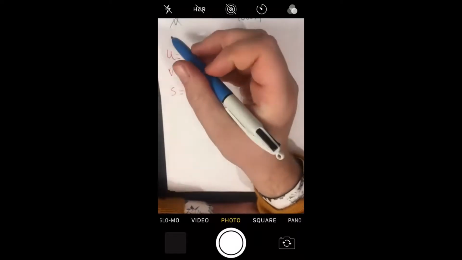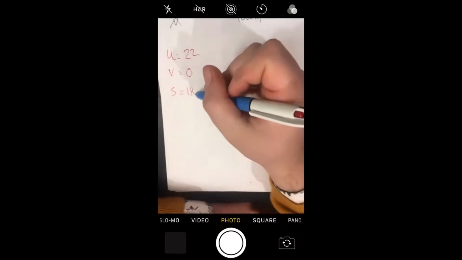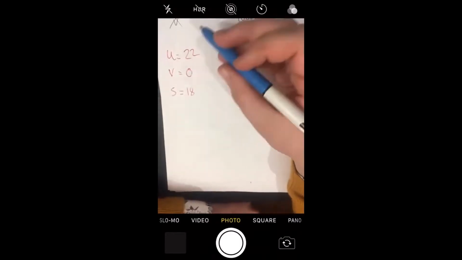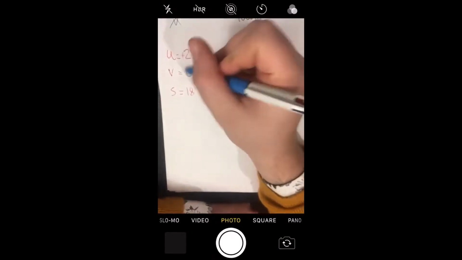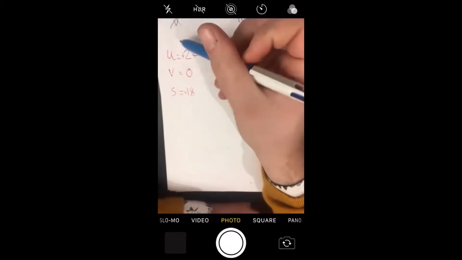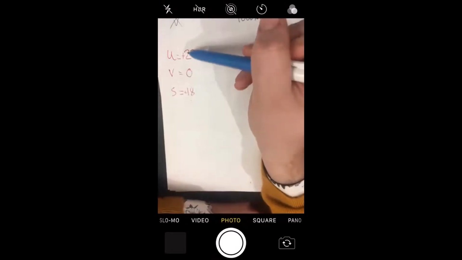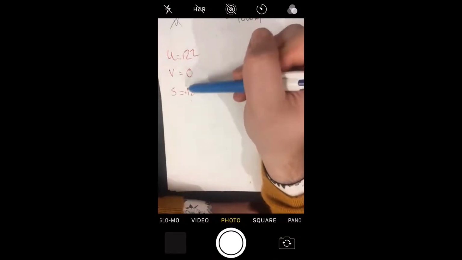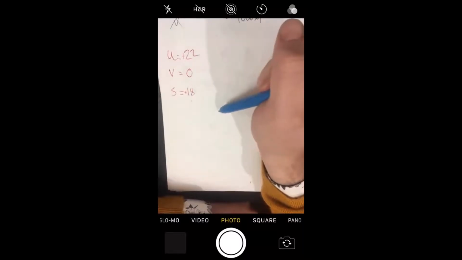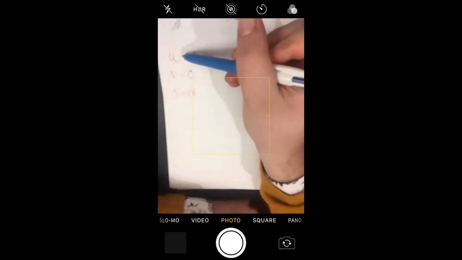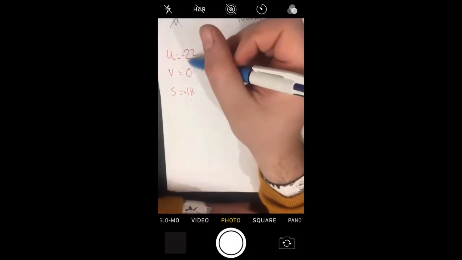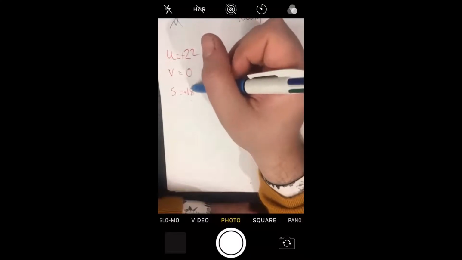It might be important for you guys to recognize that if you are stopping, then your stopping distance is going to be in the same direction as your initial speed. So both of these are positive. The reason is that the distance you travel forwards is in the same direction as you were initially traveling forwards. And that's going to help for the next question. It's going to be a bit important.